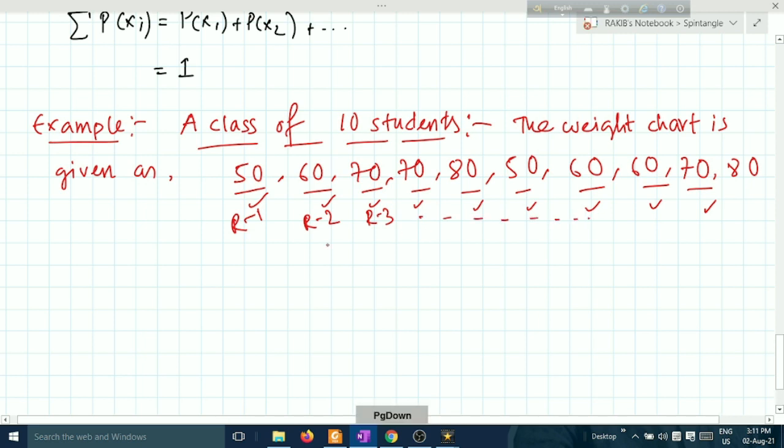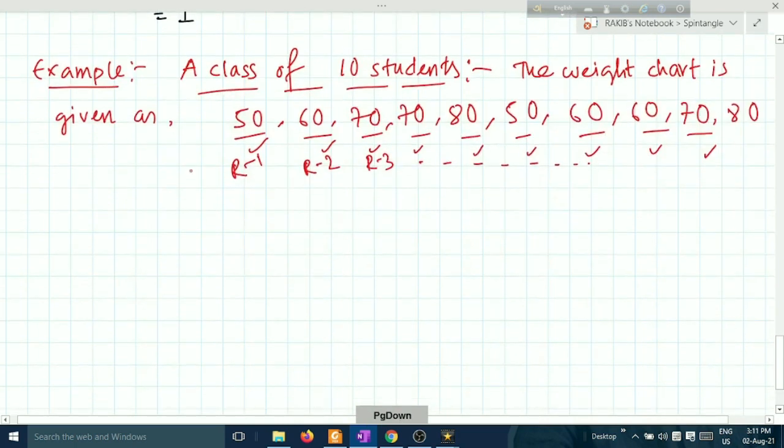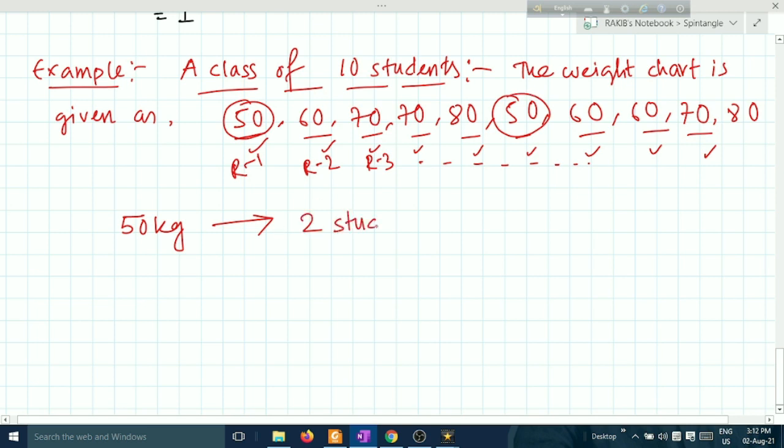So what we can say from this chart is that 50 kg weight has 2 students, this one and this one. 60 kgs: 3 students have 60 kgs. 70 kgs: 3 students.